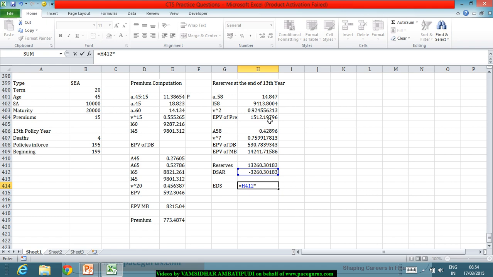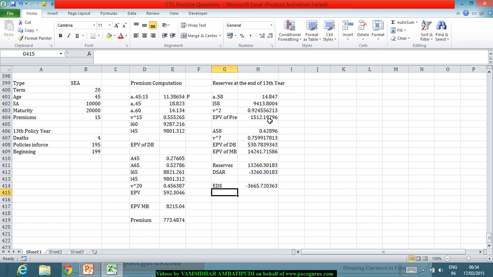Now multiply it with the number of policies and the probability of death. What is the probability of death in that particular year, 12 to 13? I need Q57, the number associated with the possibility of death.